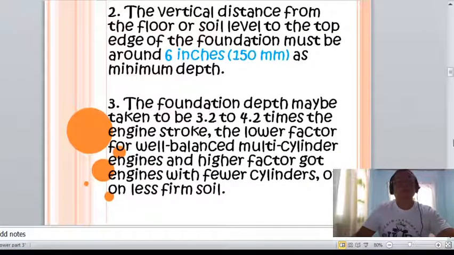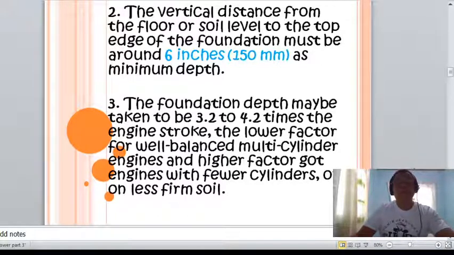Another, the vertical distance from the floor or soil level to the top edge of the foundation must be around 6 inches, class. The foundation depth may be taken to be 3.2 to 4.2 times the engine stroke.